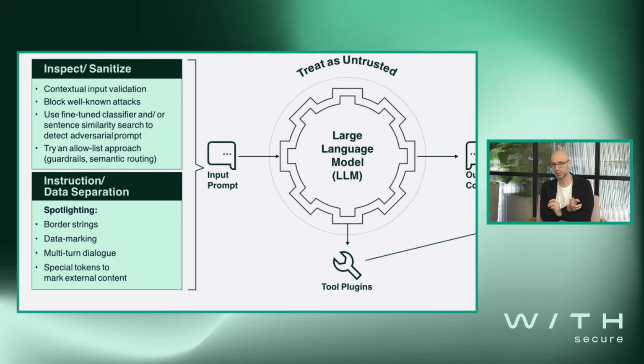The other thing that people can do with the input, which is important, and then I'll move to the outputs, is try a whitelist approach. You can add something called semantic routing. Let's say you have a chatbot and you want it to help the customer with their orders on your website: ordering something, where is my order, stuff like that.